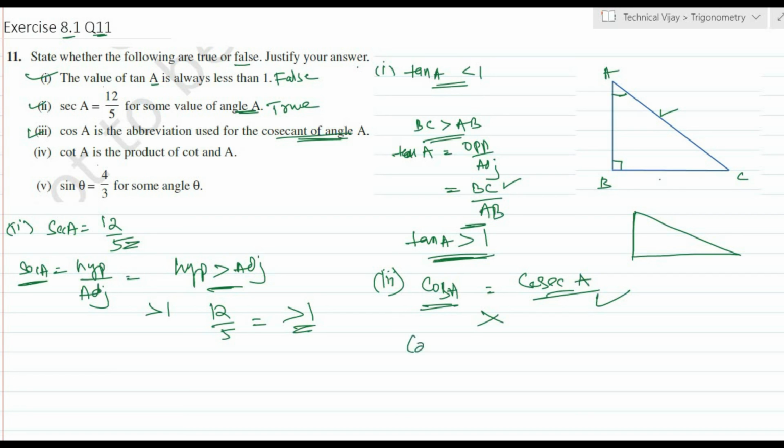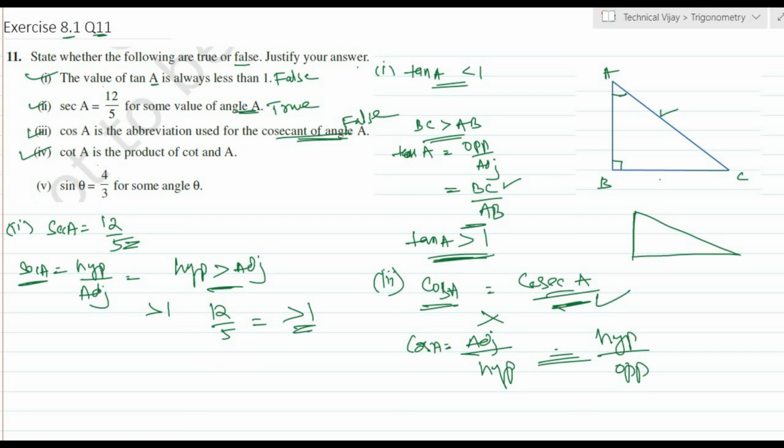Cos is adjacent divided by hypotenuse, but cosecant is the reciprocal of sine, that is hypotenuse divided by opposite. So one and the other are different from each other. So this is false.